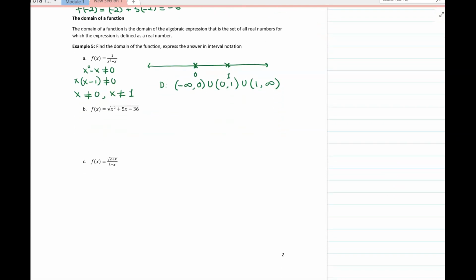In the next problem, in order to take the square root, the expression under the square root has to be greater than or equal to 0. And as we learned from the previous topic, we will set this expression equal to 0 and solve for x.